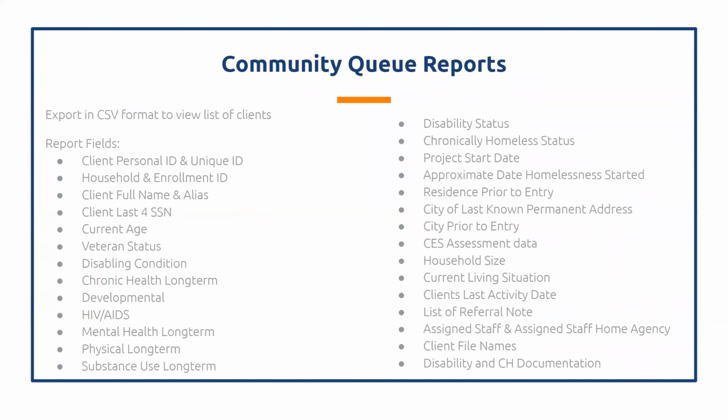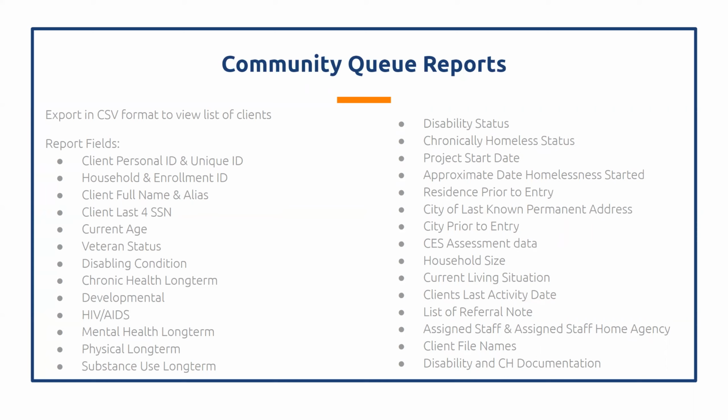These reports do not show the order of priority a client is on the queue, as different projects are prioritized differently. But they will have the fields from their program, their assessment, and their profile information as well.